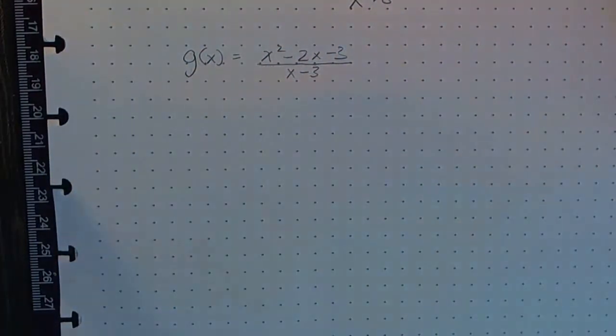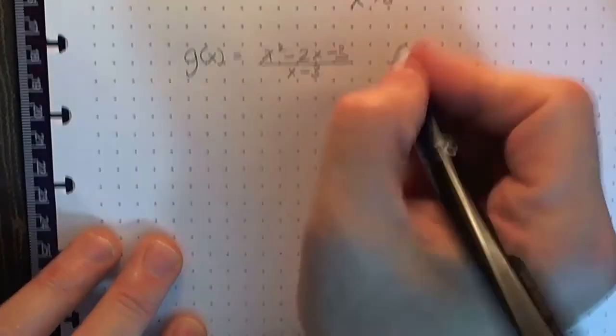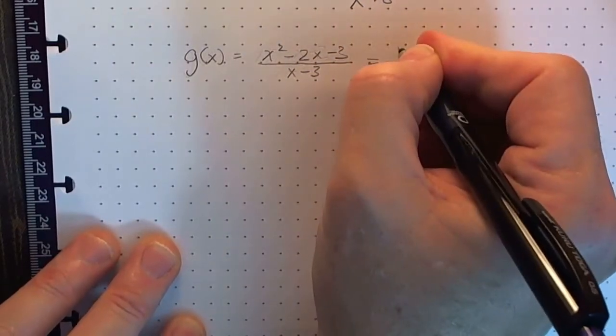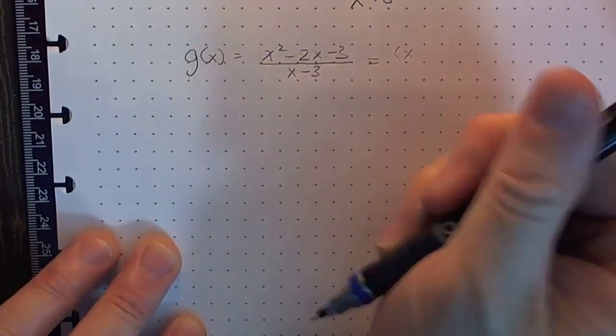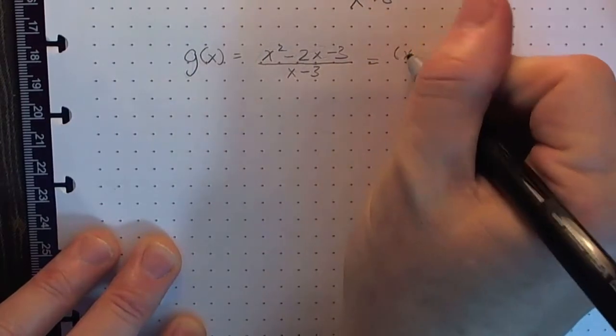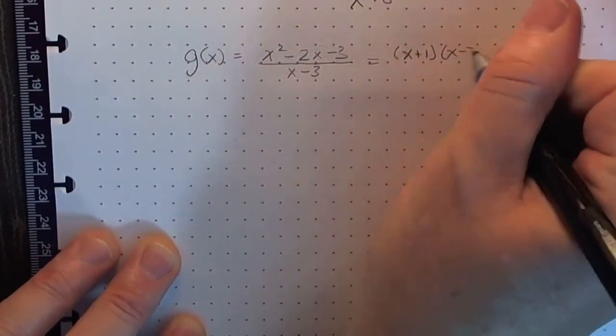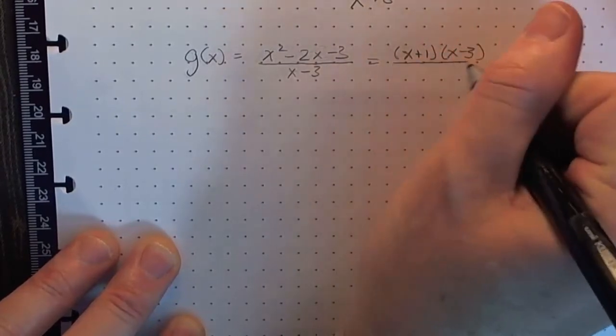Now, I'm going to do something here. I'm going to factor this. This factors into x plus 1 times x minus 3, and of course the bottom is x minus 3.